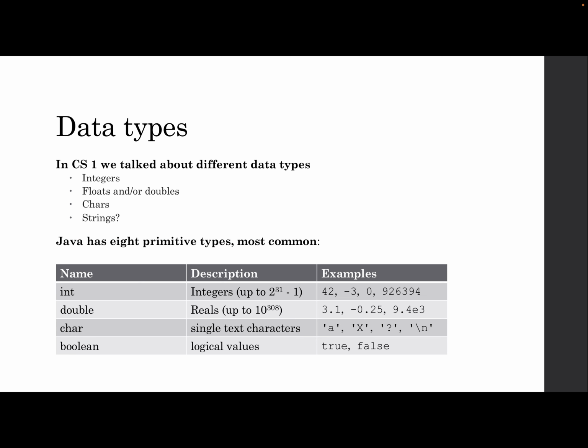In CS1, you worked with different types of data. The difference is that in Python, those types were often hidden from you. Java makes those types much more explicit. So every variable in Java has a type. And the type tells Java exactly what kind of information is allowed to be stored there.